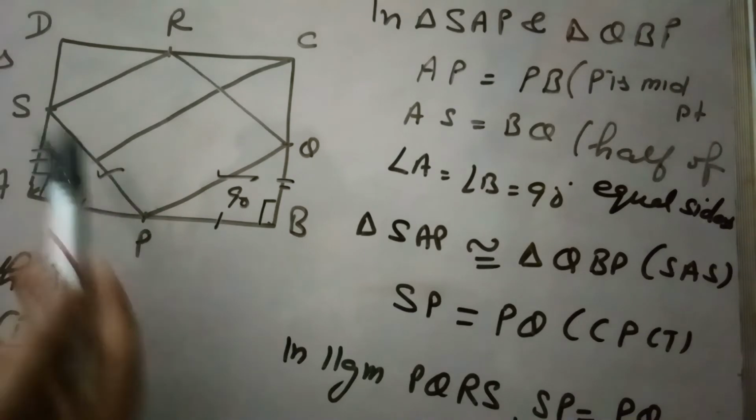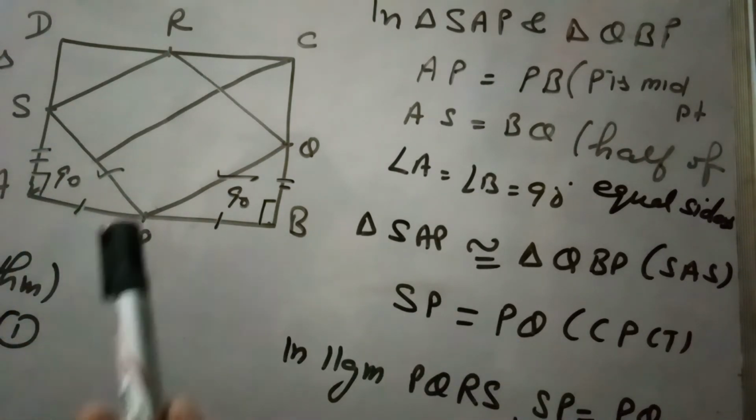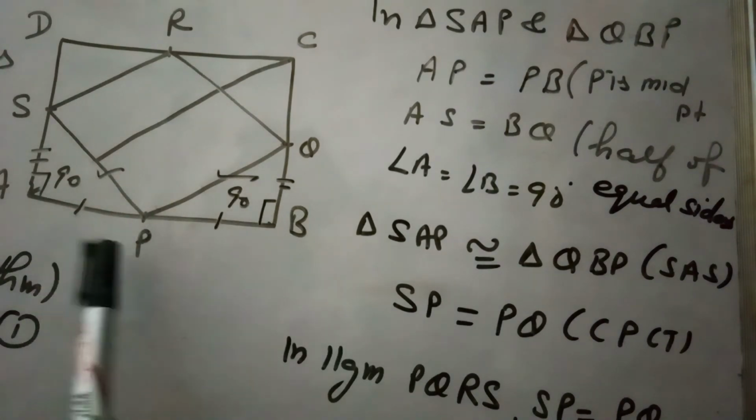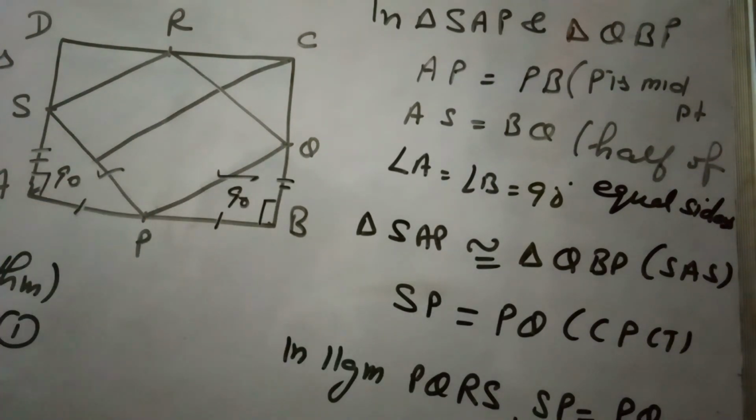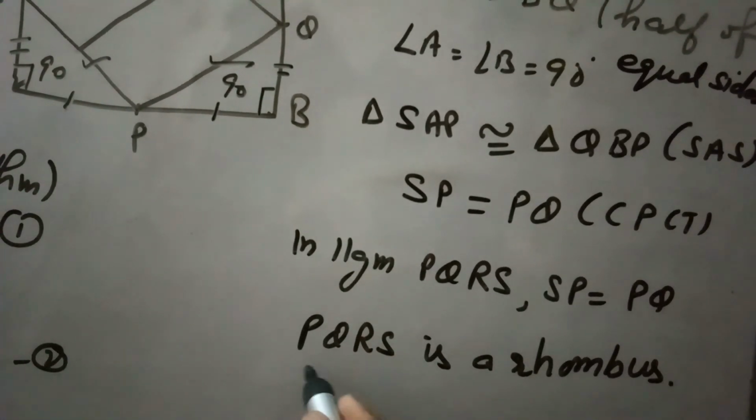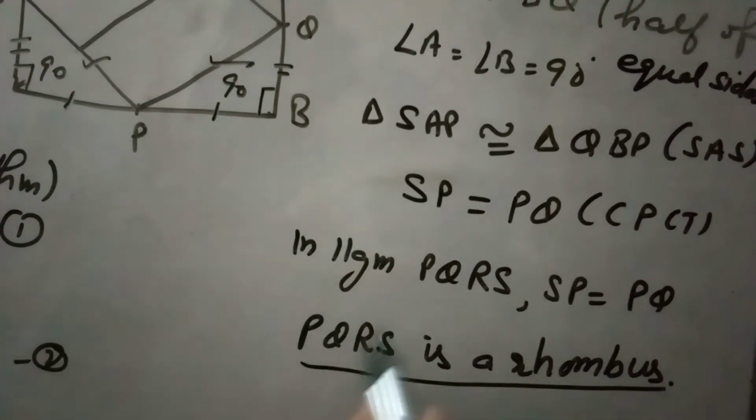According to this, SP and PQ are equal, because SP and PQ are the adjacent sides of the parallelogram PQRS. Therefore PQRS is a rhombus, because in a parallelogram, if one pair of adjacent sides is equal, then the parallelogram is a rhombus.